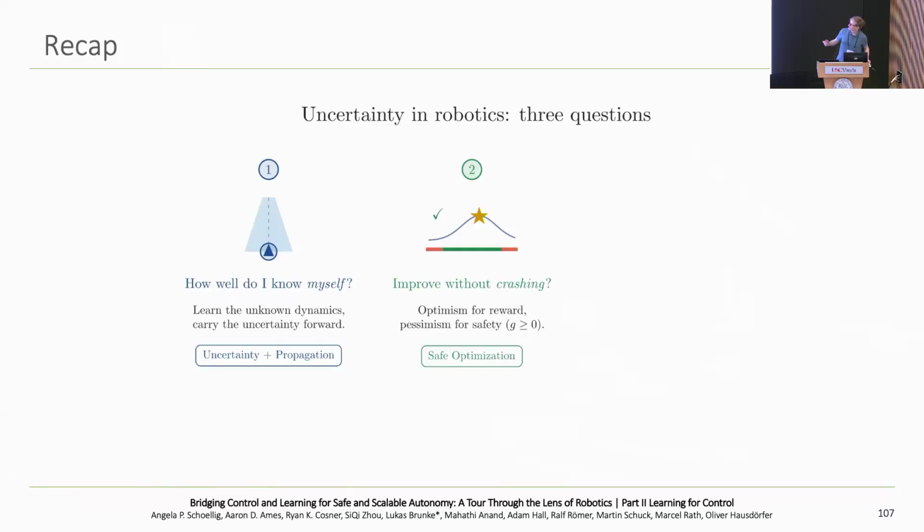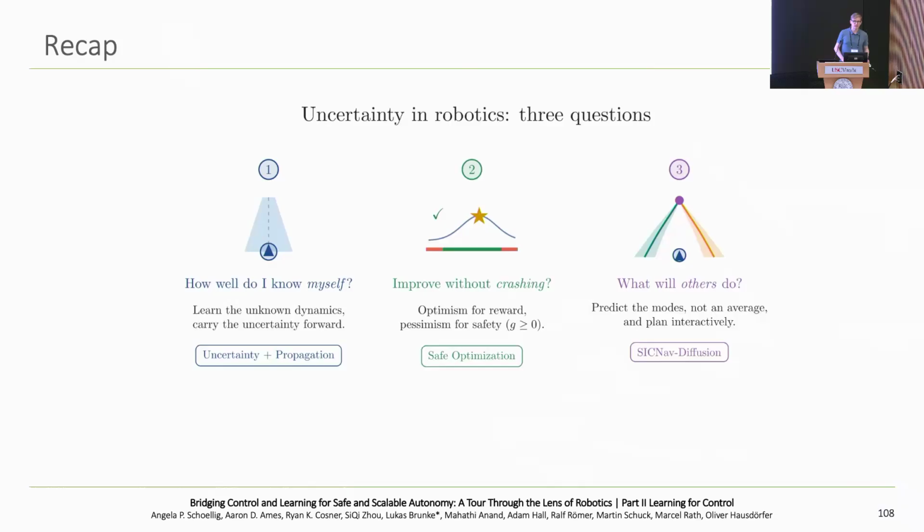The second part is, can we improve without losing safety guarantees? And what we looked at there was safe optimization, or Bayesian optimization specifically. And then finally, how will others react or work in the world? And so what we looked at there was the SIGNAV diffusion that I showed. That's it from me.